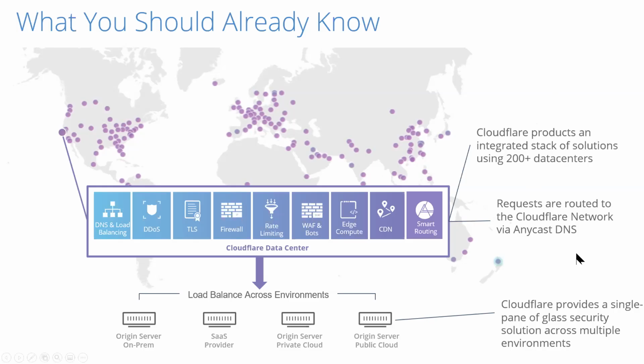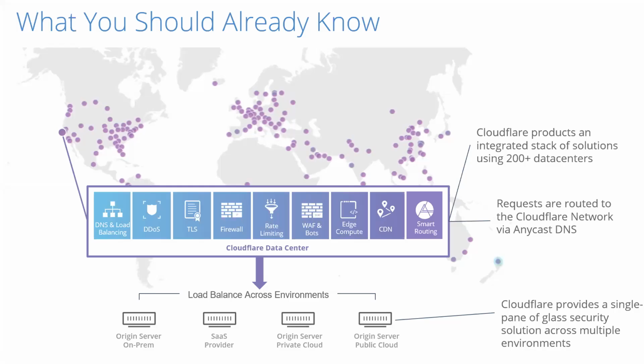The second is our Anycast network. Our Anycast network is the key reason why Cloudflare is able to do unlimited DDoS mitigation, because whether it is an attack or a request, it will always be served or blocked at the data center close to the visitor.